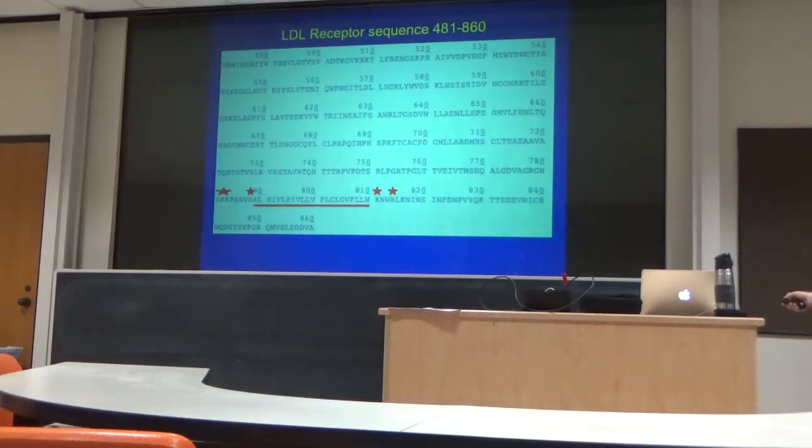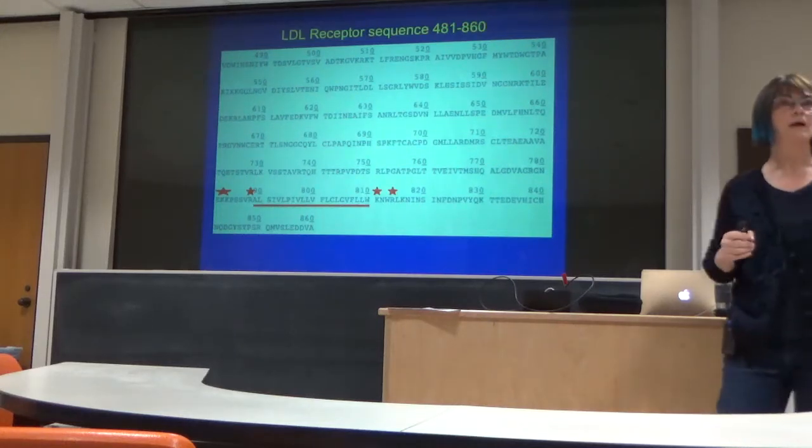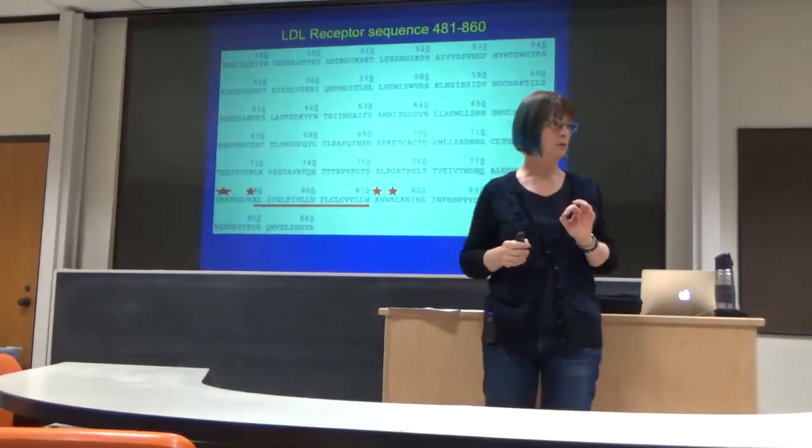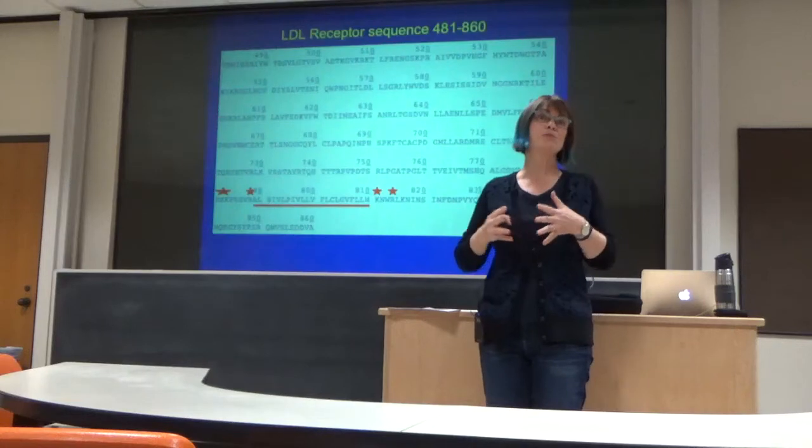You could take this amino acid sequence right here and run it through sequence prediction software to see if that is indeed an alpha helix. And that would help confirm whether this is a potential hydrophobic domain. But note that I'm using the word potential, because all of this is just predictions.